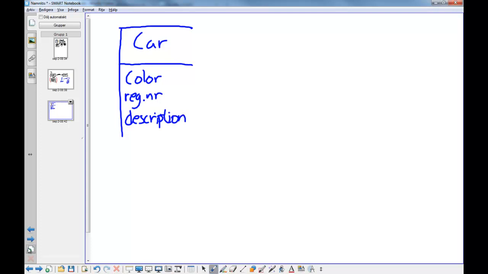So we have found this concept car, and we think that cars have a color, they have a registration number, they have a description, and they also have a price.